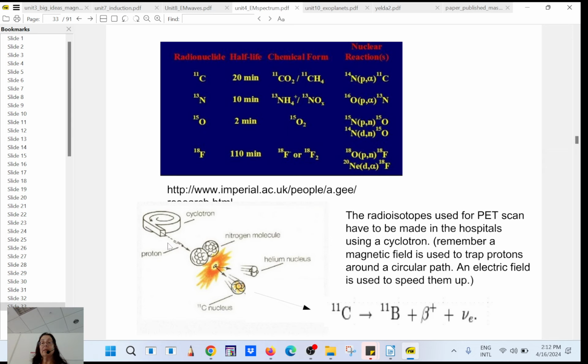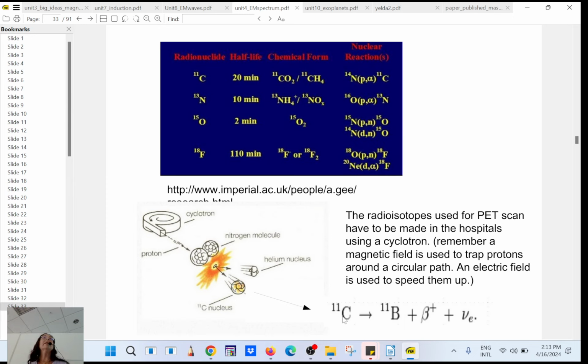You use your proton as a little projectile, so you can hit, for example, a nitrogen molecule, which is not radioactive, and it will turn into something else, radioactive carbon. So actually you are playing alchemist. It's like alchemy that you are doing.